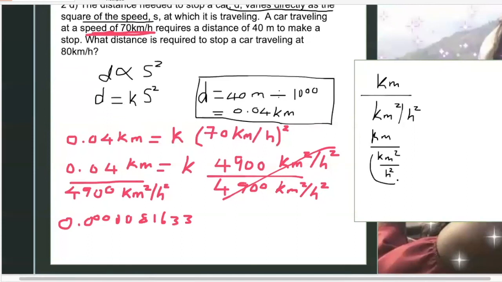So this becomes a fraction. When you have a per hour, it means it's division. Now reality is, when you have a fraction in the denominator, we flip it. So by right, this is kilometer times, we flip it, so it becomes hours squared over kilometer squared. That's what this is. So this cancels one of the kilometers. So what we have is hours squared per kilometer. So it's now hours squared per kilometer.